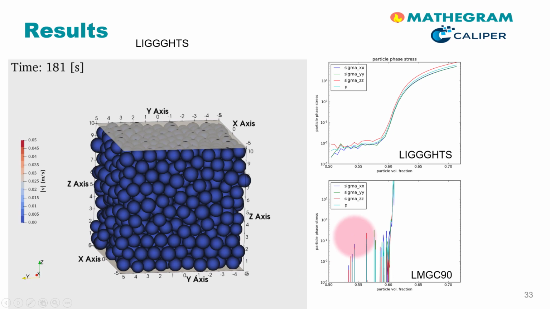Also, stresses beyond a particle volume fraction of 0.6 just skyrocket. Again, this is due to the extremely stiff particles that we are simulating when using LMGC90. Clearly, for strain-controlled compaction processes, such as this uniaxial compaction, this non-smooth DEM code is not really useful.